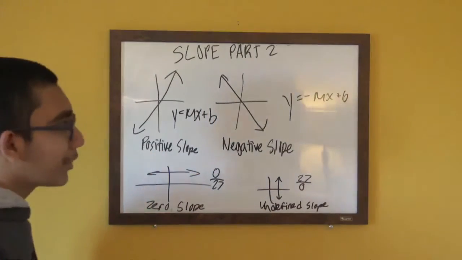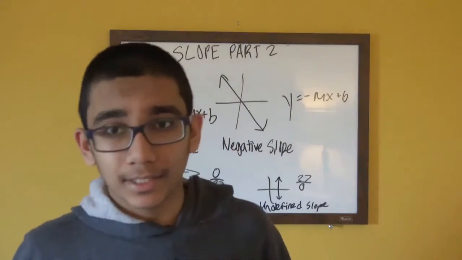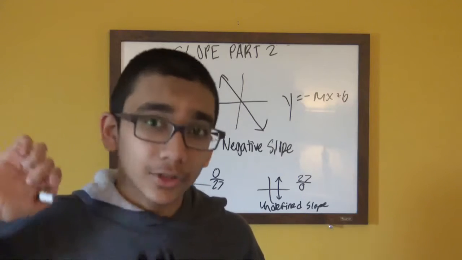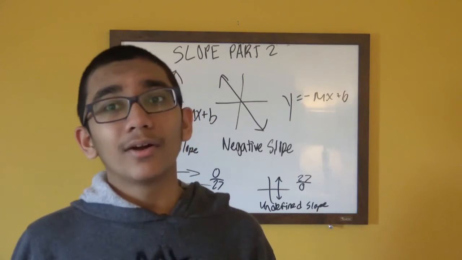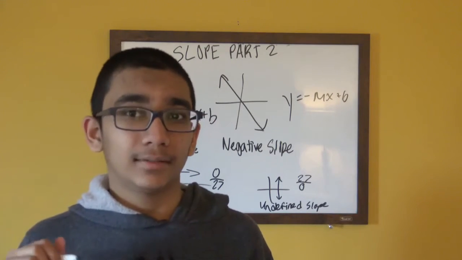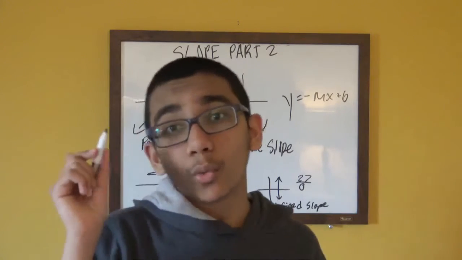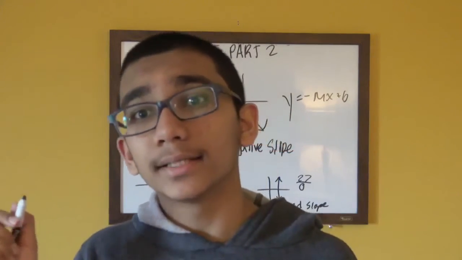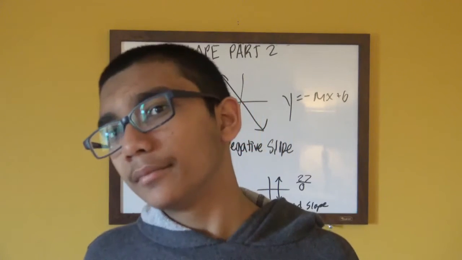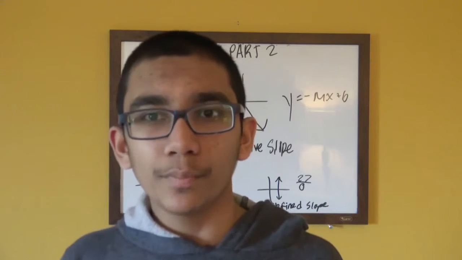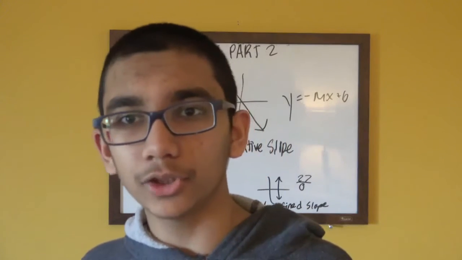For zero slope, you might think y equals 0 mx plus b. That is actually not correct. The way you write it for a zero slope, since it goes through the y-axis, we know that's a y-intercept. So we write it in that form, except no slope, no x, just the b, which is the y-intercept.